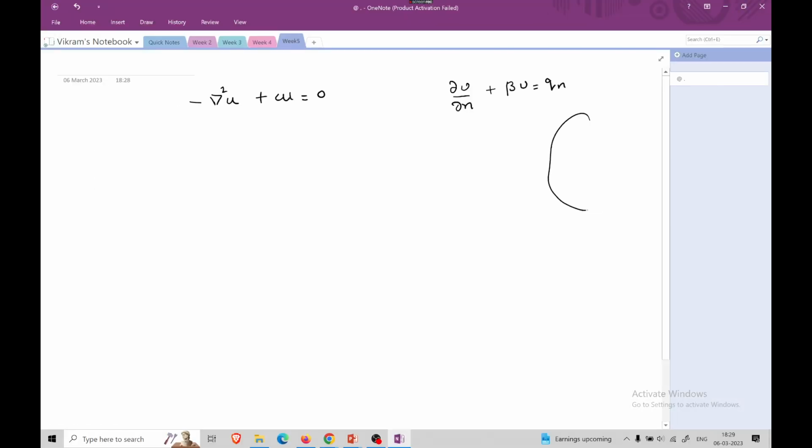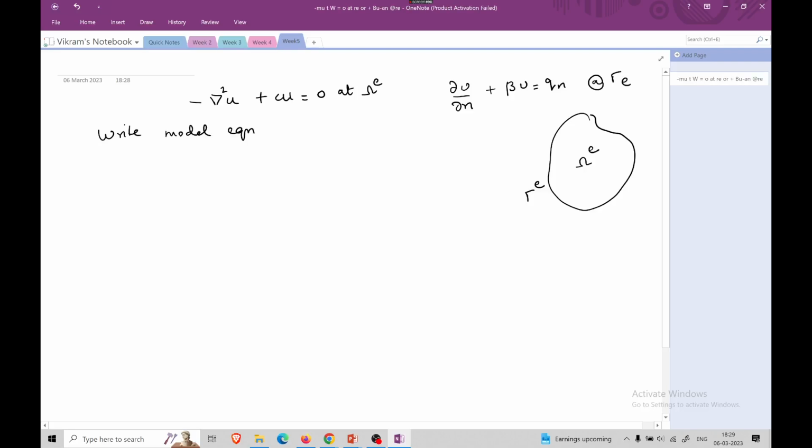So let us say this is my element, this is the domain, and this is the boundary. Now I am going to write the model equation. When I write the model equation, we will see that this particular thing is a particular case of the model equation.